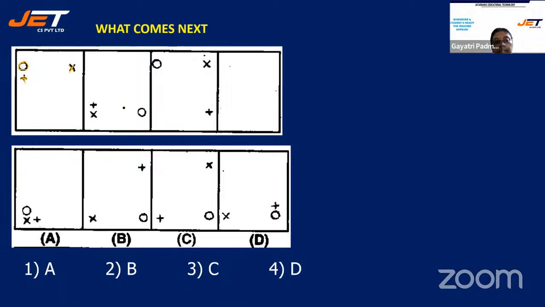And in the next figure, the circle is moving towards the left hand side, right? So now, where should be the next one? So the circle should move towards here, right?